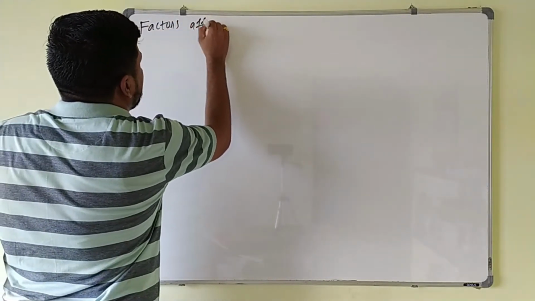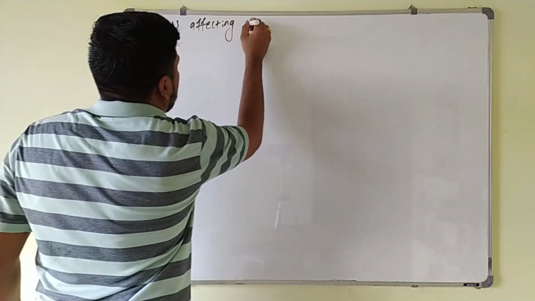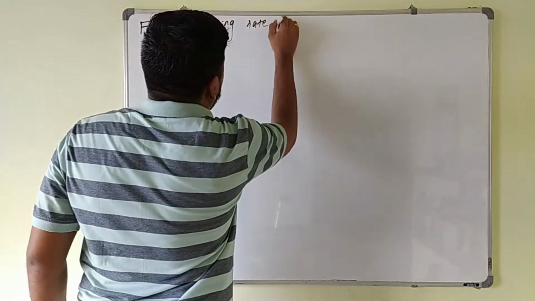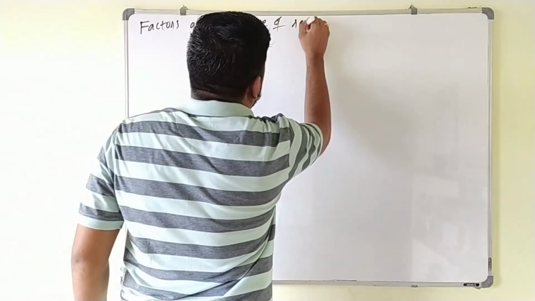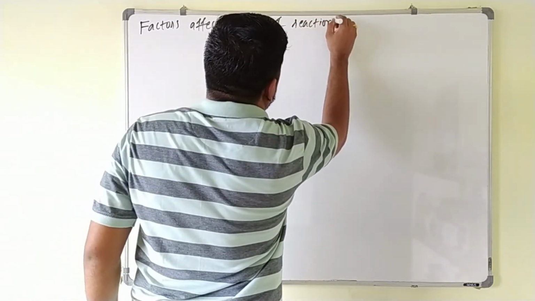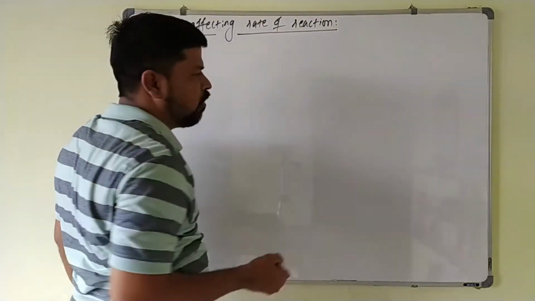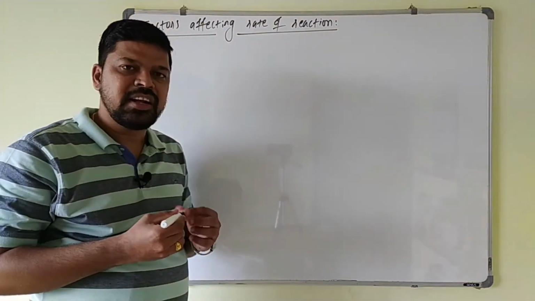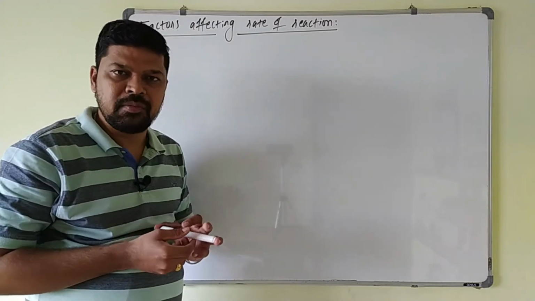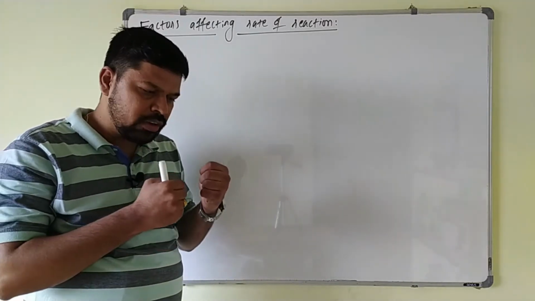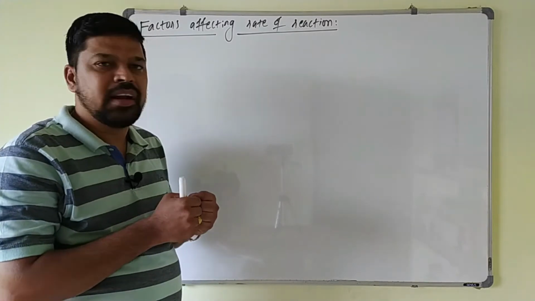Factors affecting rate of reaction. One hint you have to remember: a chemical reaction takes place due to collision between the reacting molecules. Whenever the reacting molecules undergo collision, then a chemical reaction takes place.